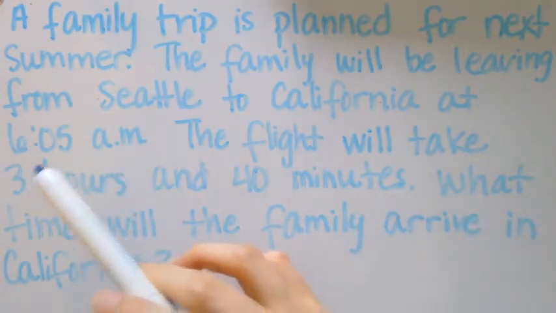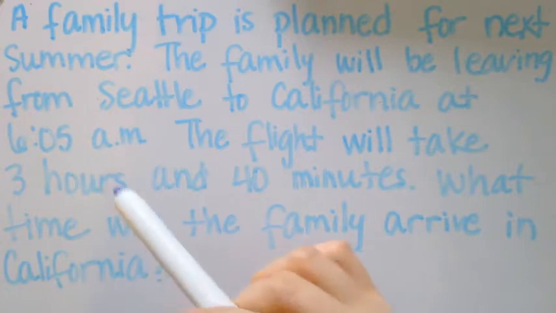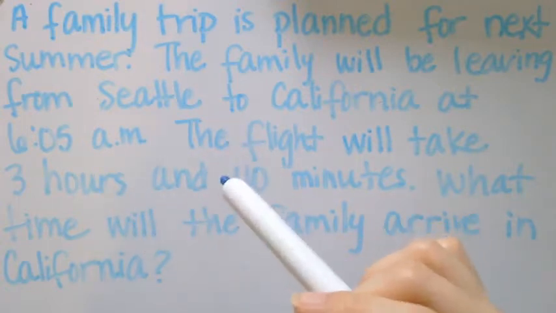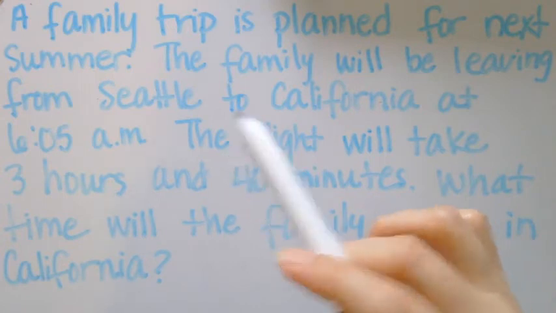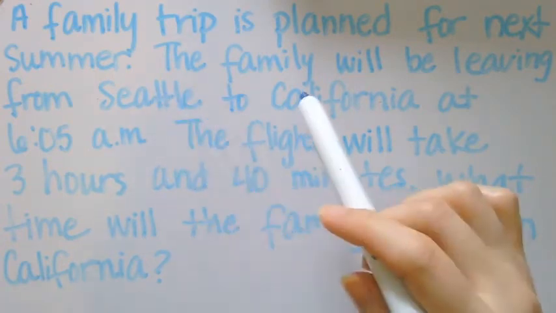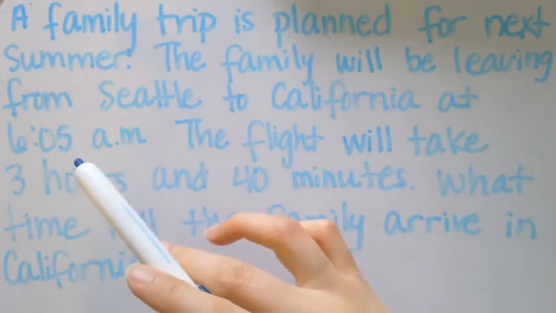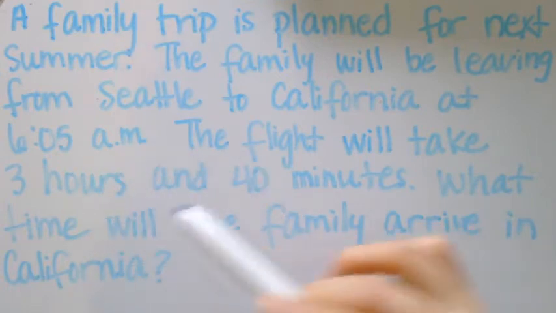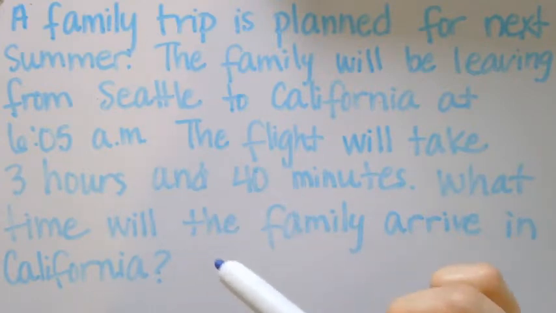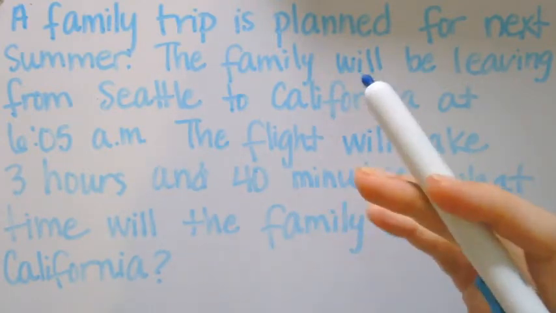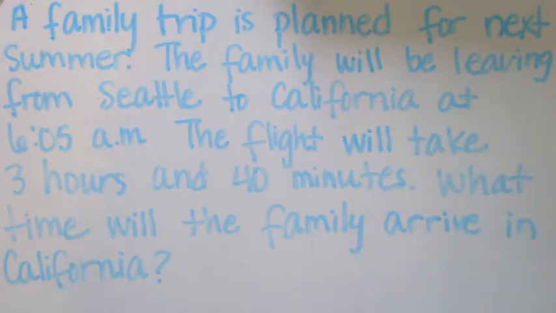I see a time here that starts at 6:05, and pertinent information, important information that I recognize is that it tells me that it's a flight going from Seattle to California, starting at 6:05, but taking 3 hours and 40 minutes. So I need to figure out what time the family will arrive in California. So that's the important information that I've been able to find in my word problem.